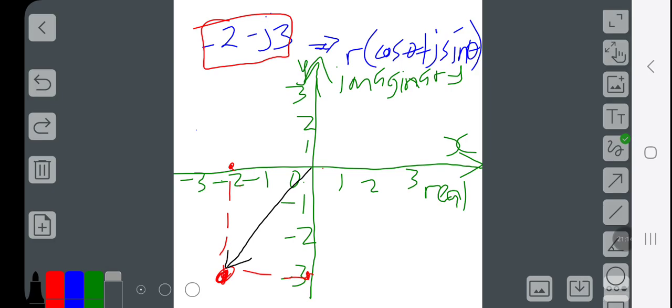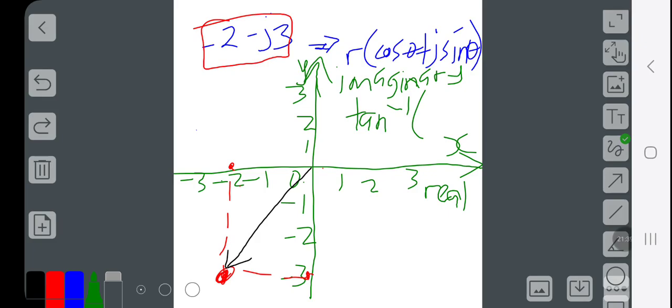The general formula to find it says, let me write down the formula: tan inverse of b over a. My b here, it's tan inverse of the imaginary over the real number.